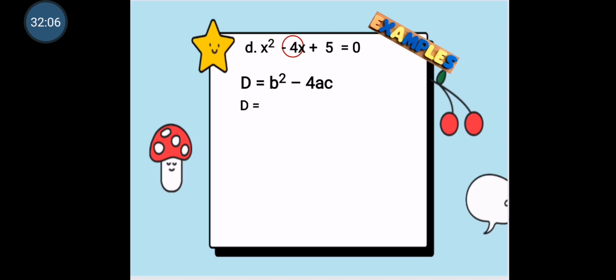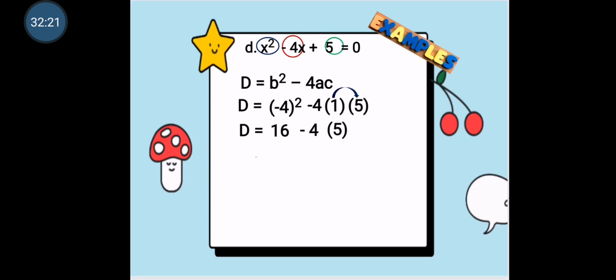So, ayan. Substitute lang po ulit natin. Ito po ang pinakamadali sa lahat. So, negative 4 times negative 4 is positive 16. So, 1 times 5. So, negative 4 times positive 5. Next. So, 16 minus 20 is negative 4.